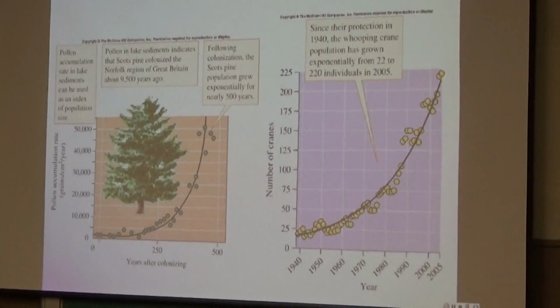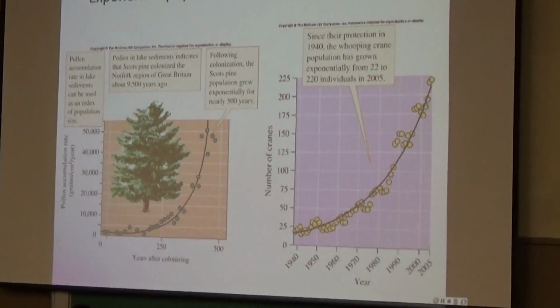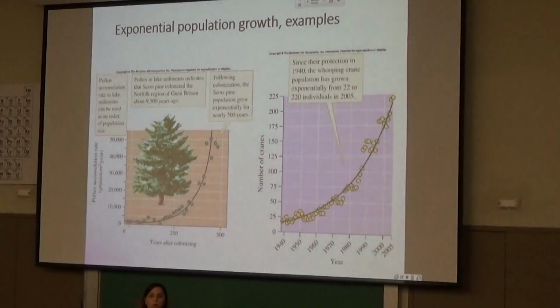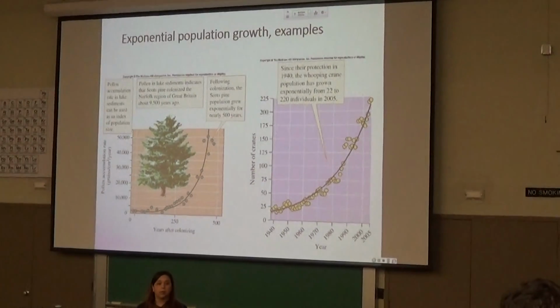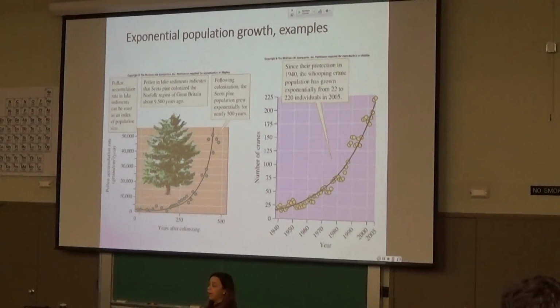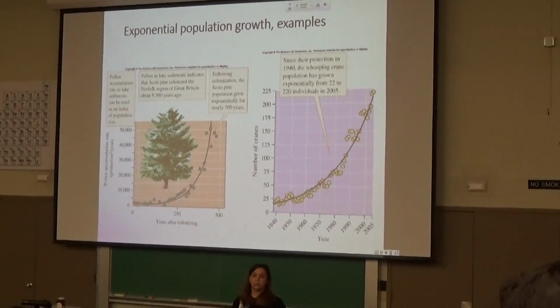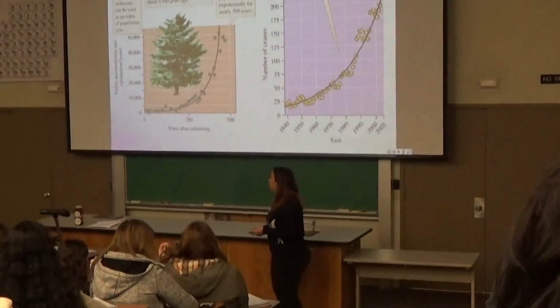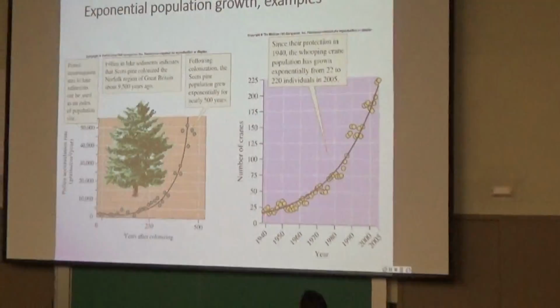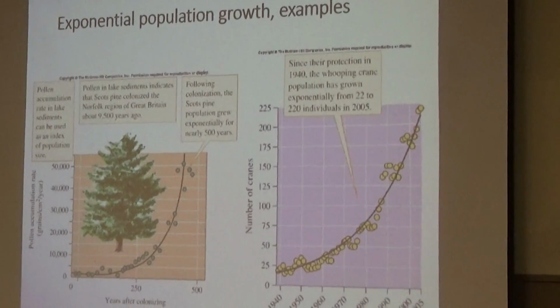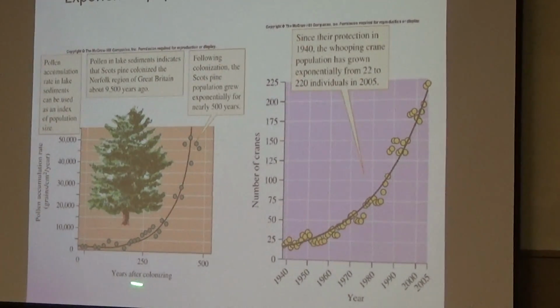So before we go into a second model of population growth, let's look at some biological examples of when we expect populations to grow exponentially. So here are 2 graphs with examples from real populations. First is a tree population that colonized a new habitat.